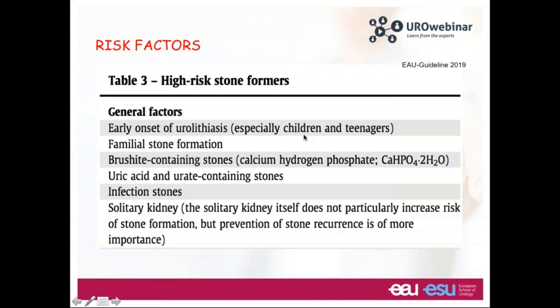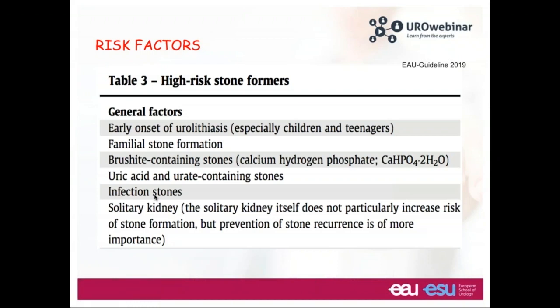If you have children or teenagers with stones, they are at high risk for stone recurrence. If your parents have had stones in the past, then you are in a high risk group. And of course, we all know that if you have brushite, uric acid, or infection stones, then you belong to a higher risk group.